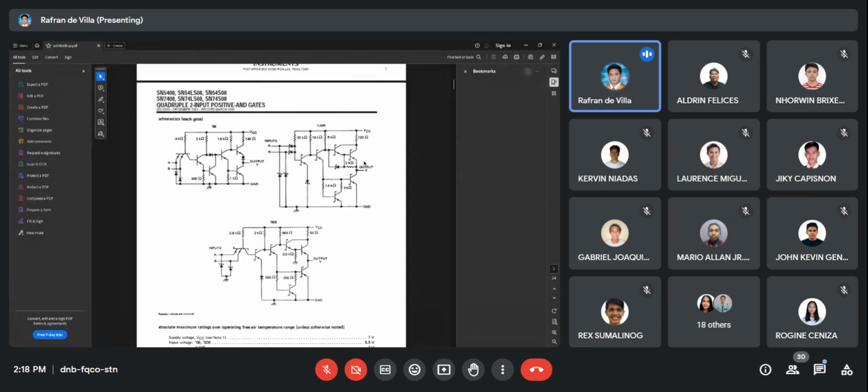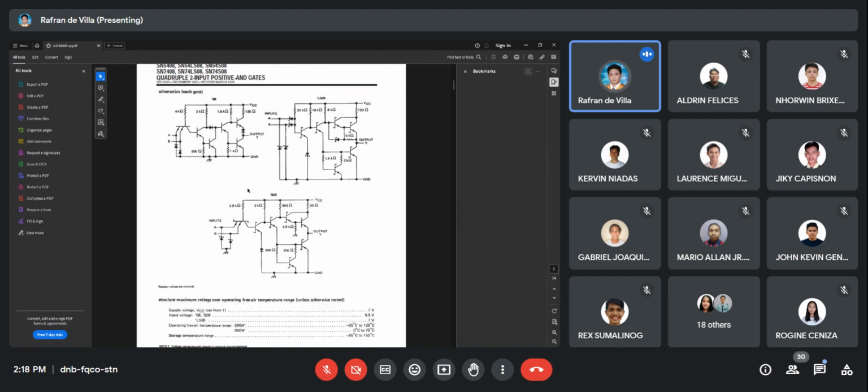Okay. So this is the LS series, using Schottky technology. And you can see here, guys, again, the 7408 IC using BJT transistors.